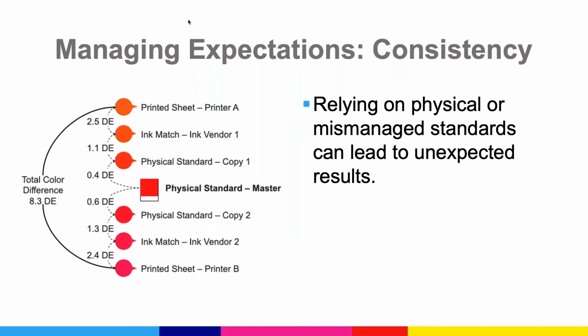So another big one, and probably the biggest that we emphasize on the X-Rite side of the business, is managing expectations and achieving consistency. That's a really important word, consistency, because accuracy is certainly tremendously critical. But many times, we find that consistency is of equal and occasionally even seen as more important a trait than the accuracy itself.